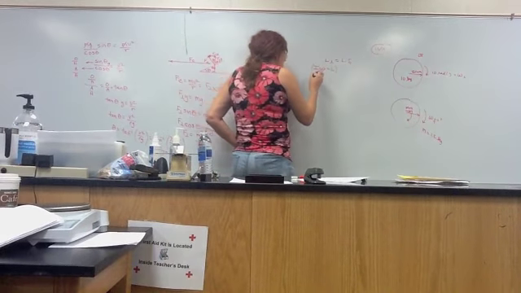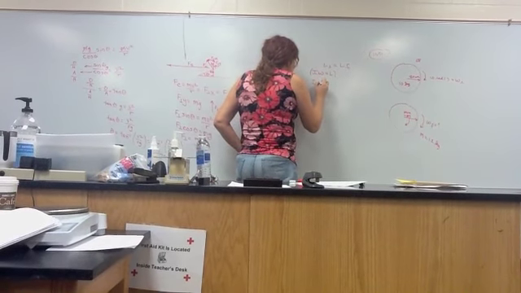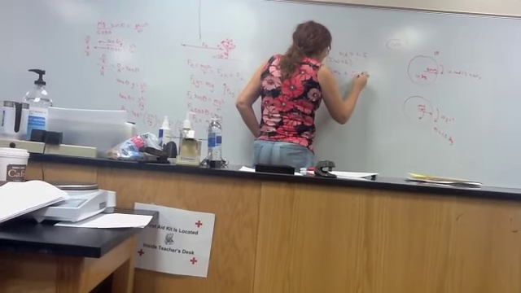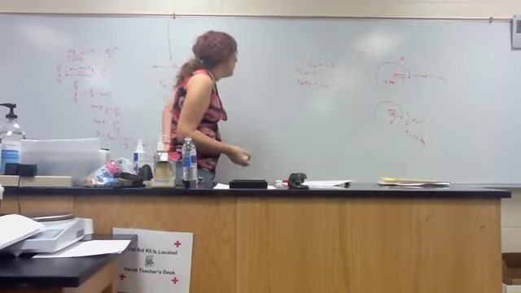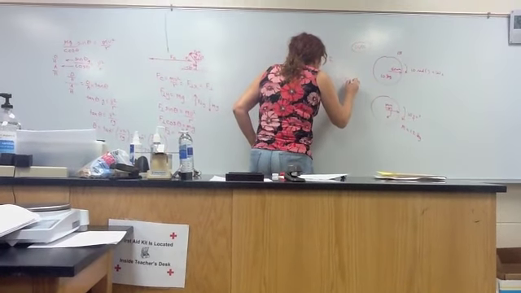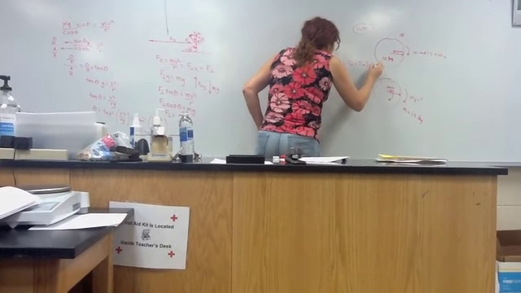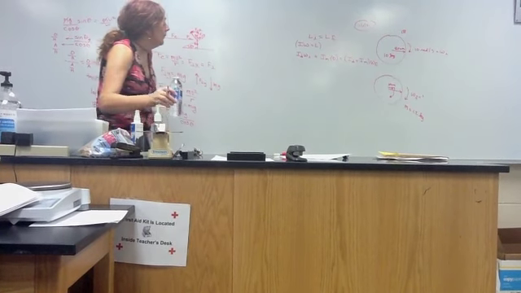So initially we have I for the disk times omega initial, plus I, we'll call I for the mass, times 0. That's our initial angular momentum. On the other side, we have the two combined, moving with the common angular velocity, and we end up with an expression that looks like this.